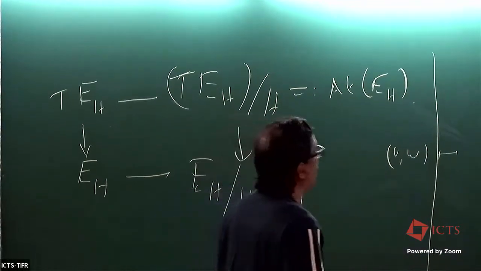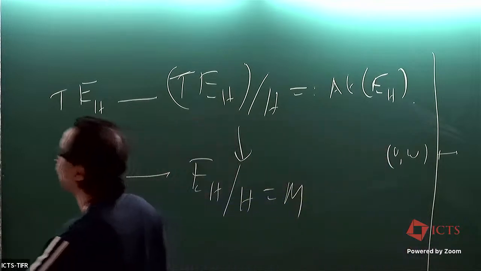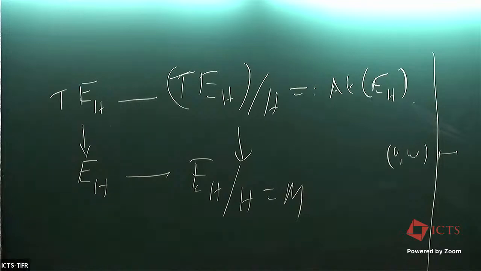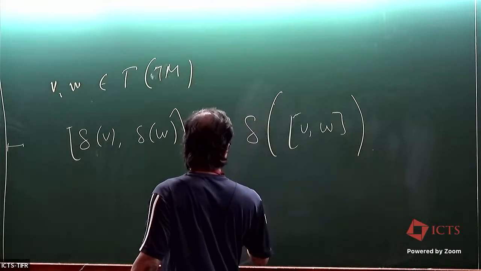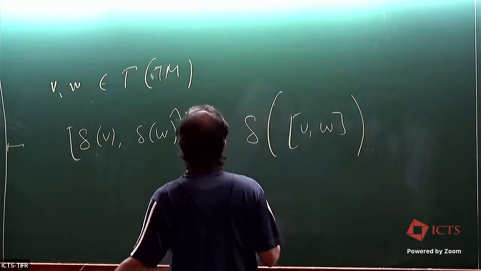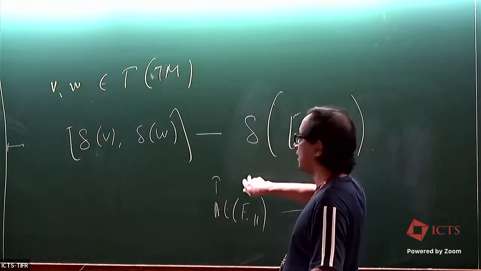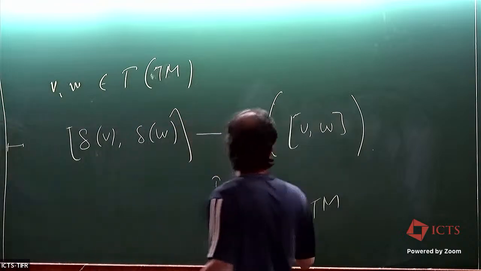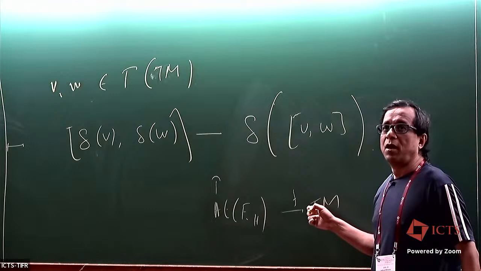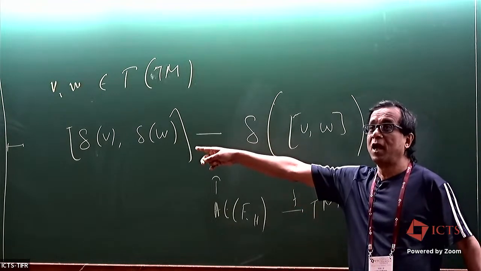Now, since it's a splitting, a priori it is a section of Atiyah E H. But if you project it to T of M by this map, which I call F, then you get 0, because all the homomorphisms are Lie algebra structure preserving.